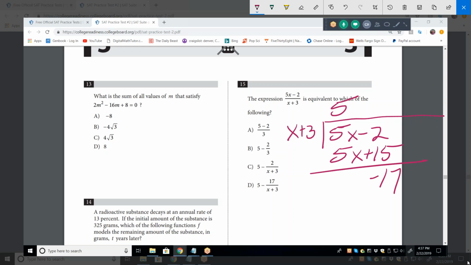Correct. And what that actually means is, well, in most cases we're adding, but we're going to subtract here because it's a minus 17. And what goes under that 17? x + 3. Yeah, so there's our answer right there.